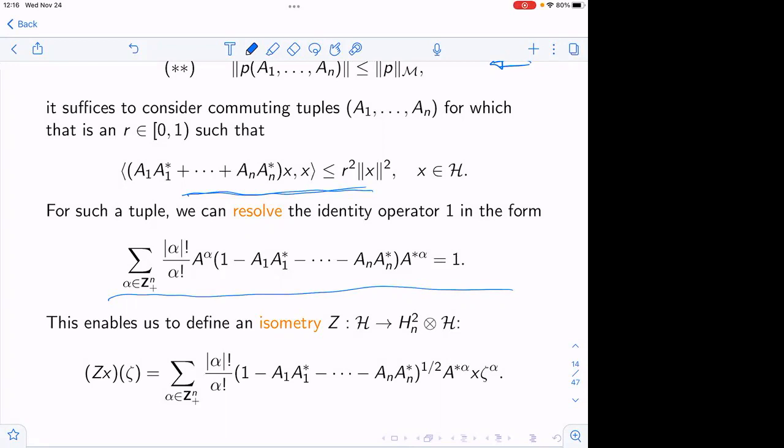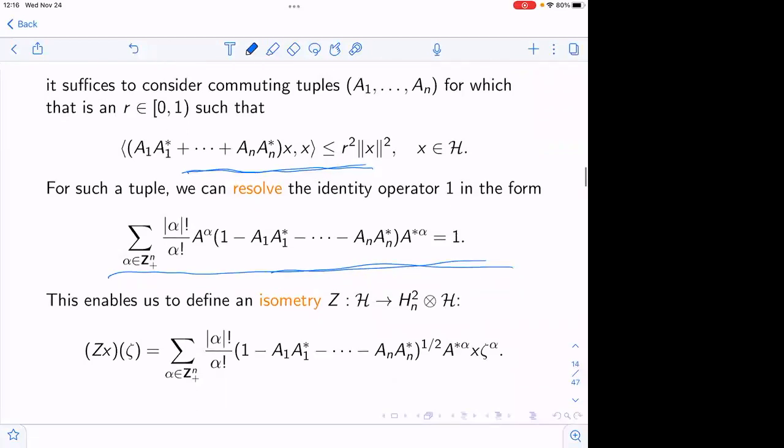I kind of like this identity. It looks kind of clean. Just this thing equals 1, the 1 being the identity operator. Once you have this identity, you can simply write down this operator C, which goes from H to n tensor H. It's given by this explicit formula, and you verify that it's an isometry.